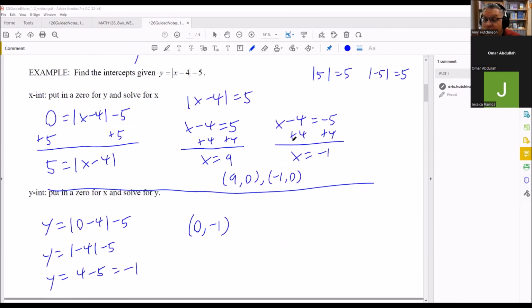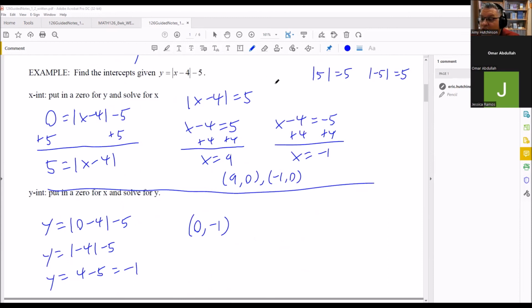What makes it different this time is that it's specifically an absolute value. Whatever function you have determines whether you get two answers or one answer. As long as you solve it correctly algebraically, it will let you know whether you have one or two solutions.